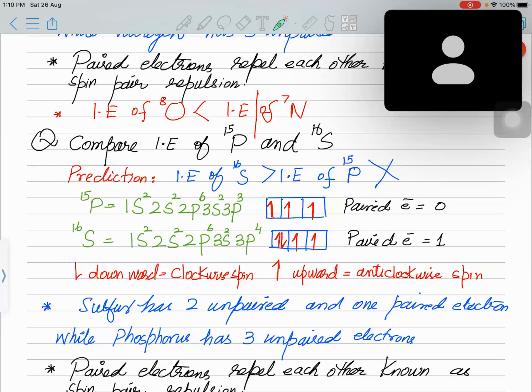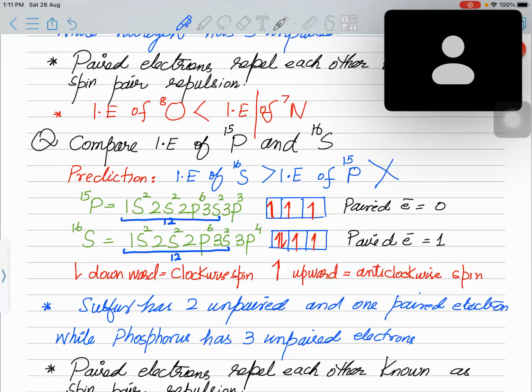Because sulfur has more inner electrons, you can see that here we have more electrons, here we have fewer inner electrons, right? But the main factor is spin pair repulsion. You can see that both have the same inner electrons, 12 electrons.